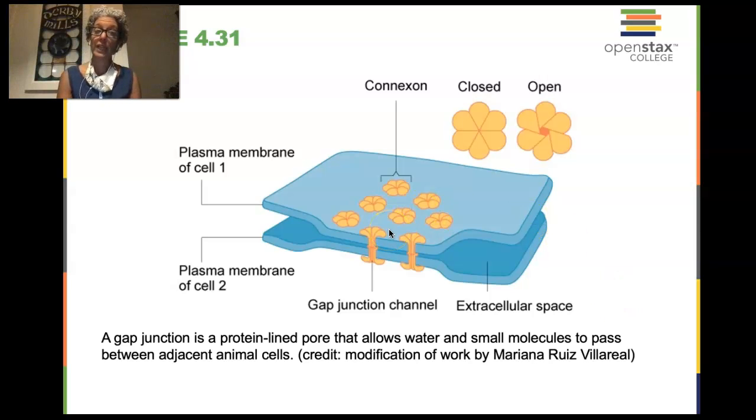These are not for letting light in or out. They are for letting chemicals and fluids in or out. So they can be closed, and that would prevent any exchange between these two cells. Under other cell conditions, they will physically move and form a channel that would allow exchange between these two cells.